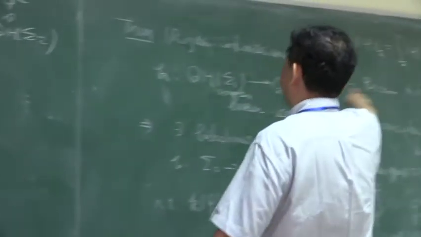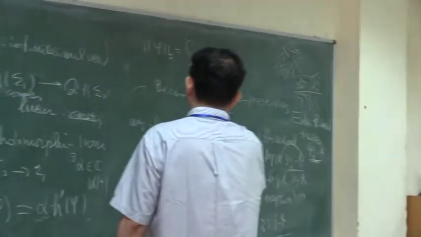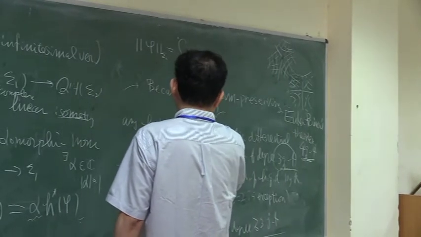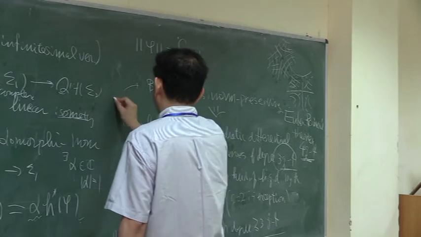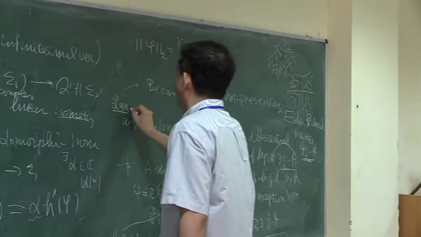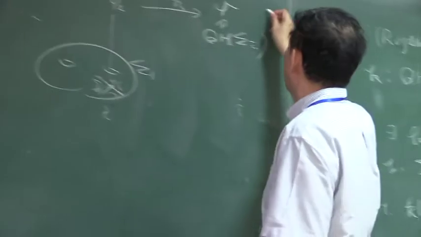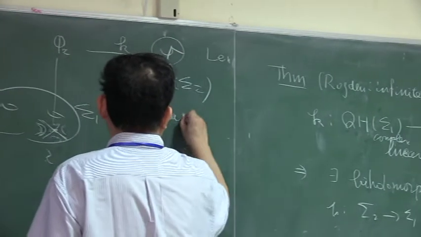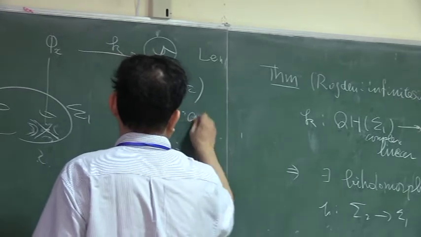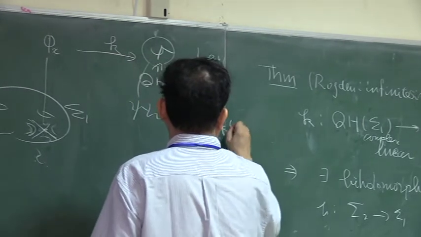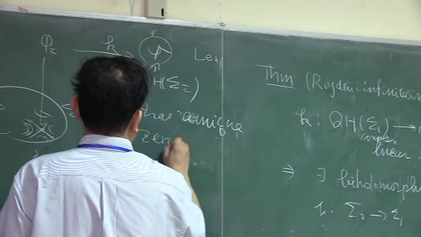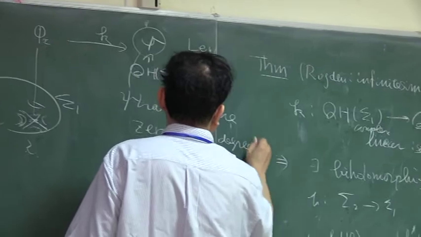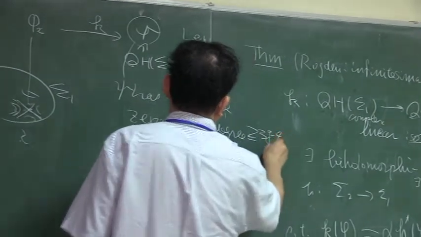Now, because of this lemma, this psi has a unique 0 with degree greater than or equal to 3g minus 4.